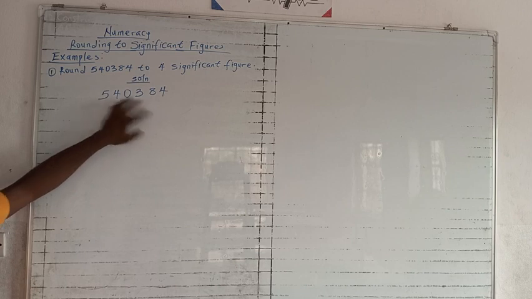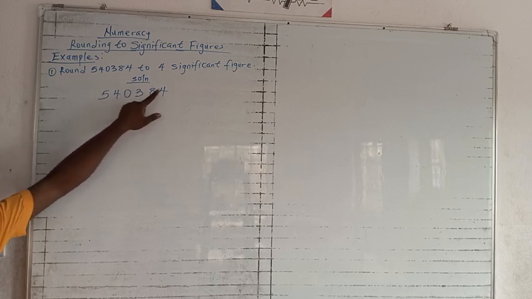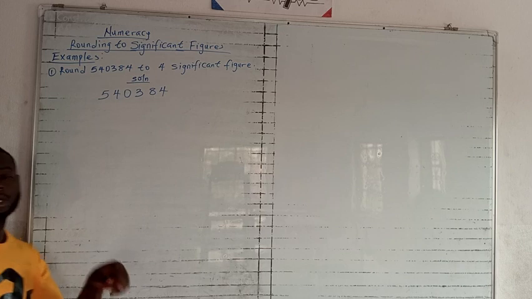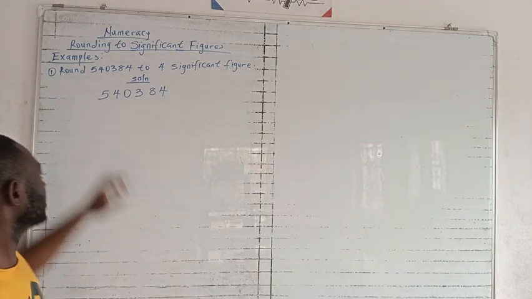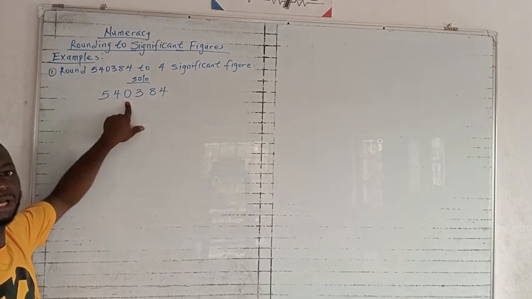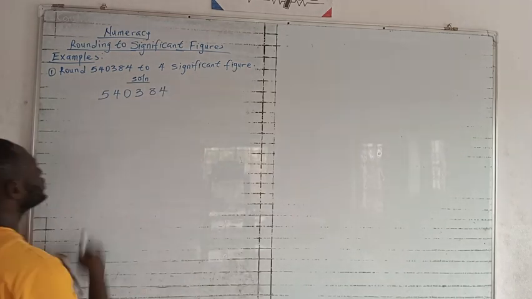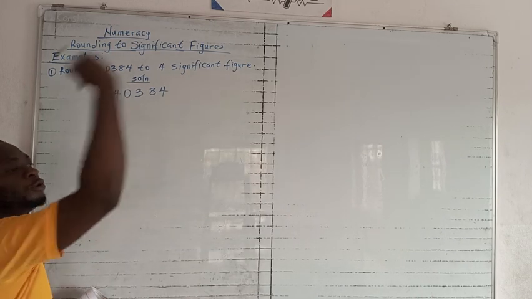we can observe that the digits of this number are 5, 4, 0, 3, 8, and 4. Remember I said that 0 is insignificant or significant depending on its position in the number. Now, as 0 is here, it is significant. So when we want to round to four significant figures, we simply start from the highest place value and count four digits: 1, 2, 3, 4.